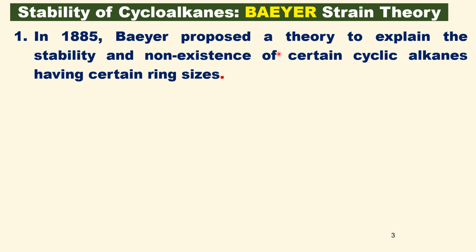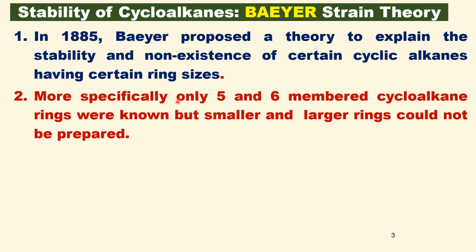Baeyer in 1885 proposed a theory to explain the stability and the non-existence of certain cycloalkanes having lower ring sizes or higher ring sizes. More specifically, only five and six membered cycloalkane rings were known.